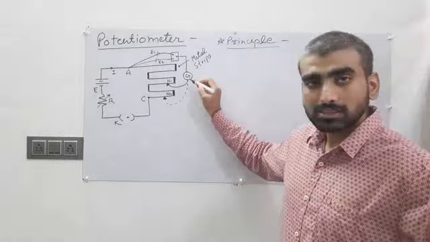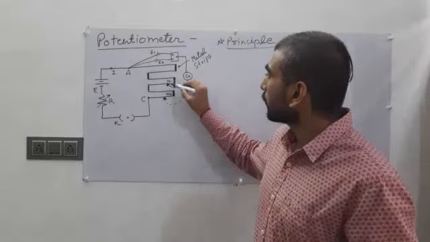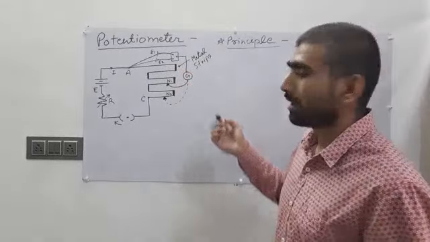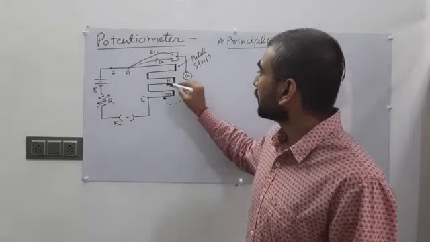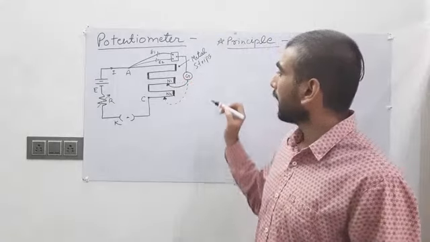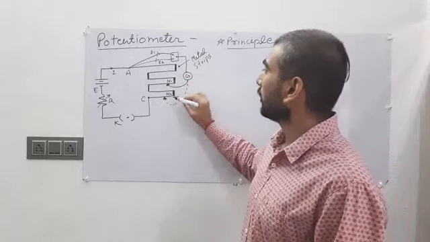We can connect our galvanometer at any point of the wire. Assume we connect our galvanometer to this wire at a point N1, and we further connect our galvanometer to this wire at a point N2.